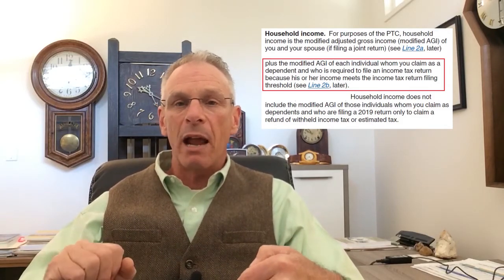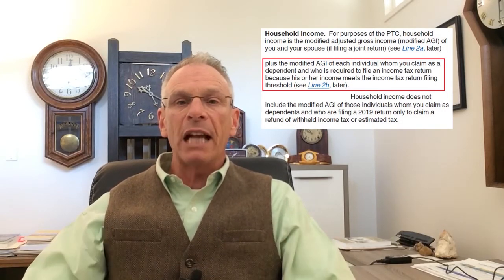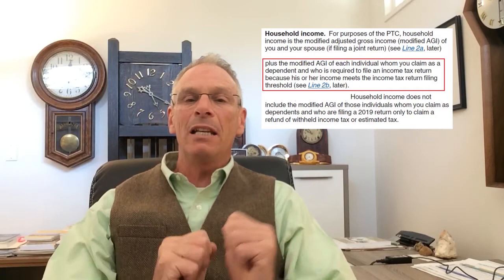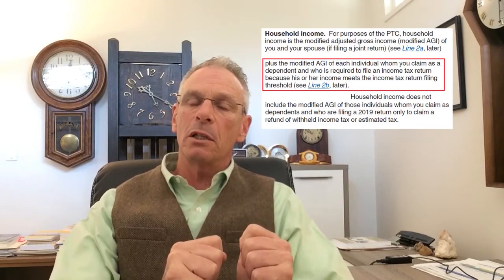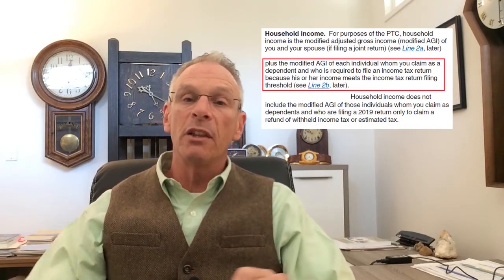That income wouldn't be counted. But if they had a really good job and they met the tax filing threshold, that income of that dependent in your tax household must be included in the modified adjusted gross income. So a little complicated there, and yes, it makes your head hurt.